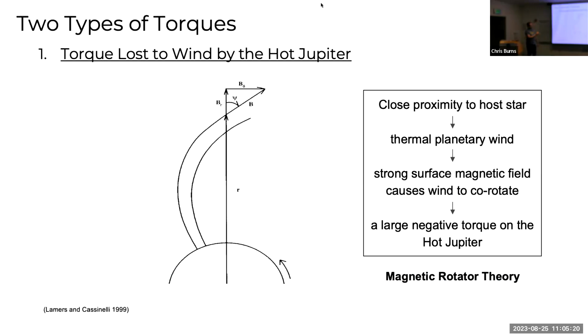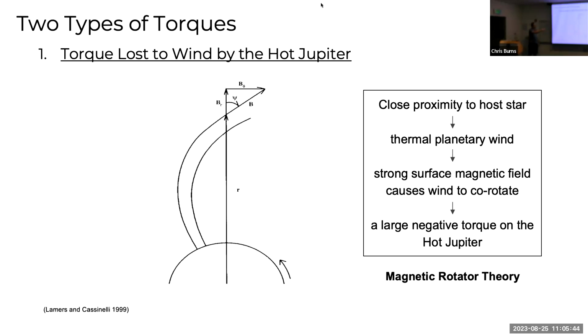Because the hot Jupiter is very close to its host star, this proximity drives thermoplanetary winds around the planet. And as a magnetic rotating body, the planet drives these magnetic fields, which are normally fixed on the planet, to curve.